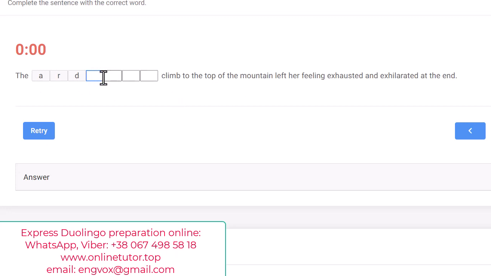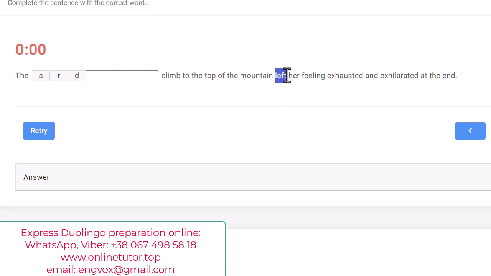And you start remembering the noun. But, you know what, we have another verb here, left, you see? If this was a verb, then it would be in conflict, this verb and this verb. Think about it, the climb to the top of the mountain, left her. If it was like leaving her, then it would be okay. Somebody did something, leaving her feel exhausted, yeah? But it's not, it's left.